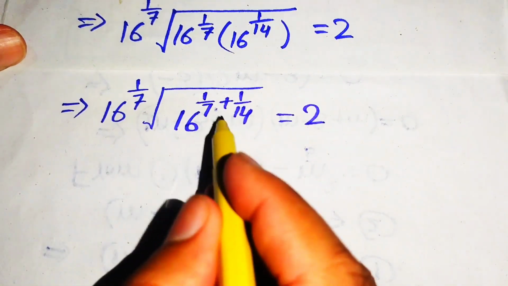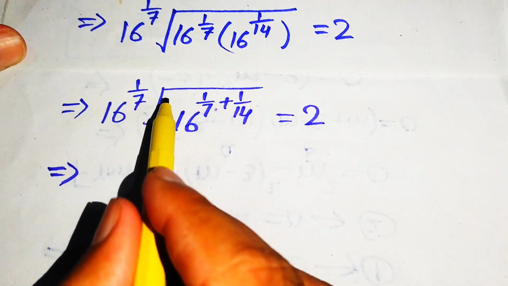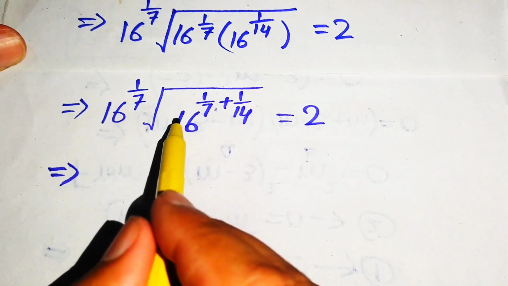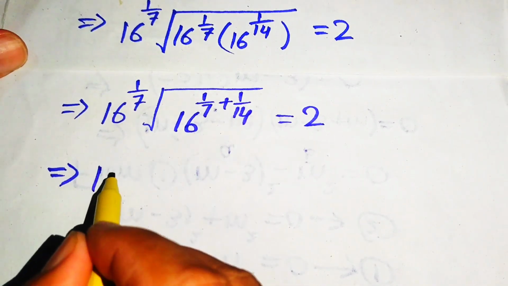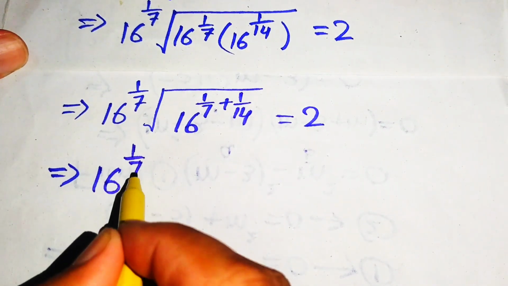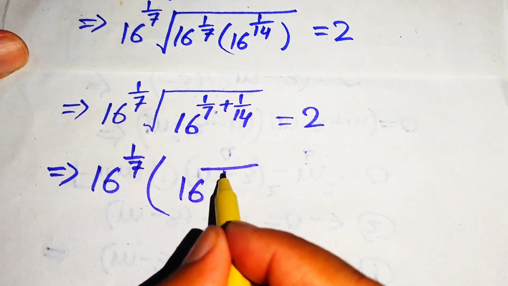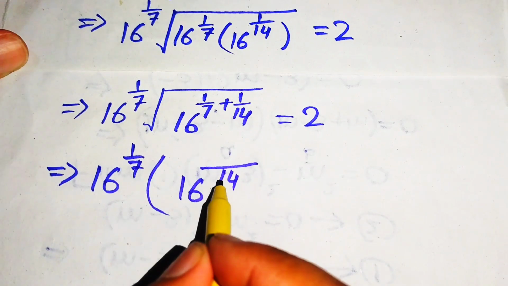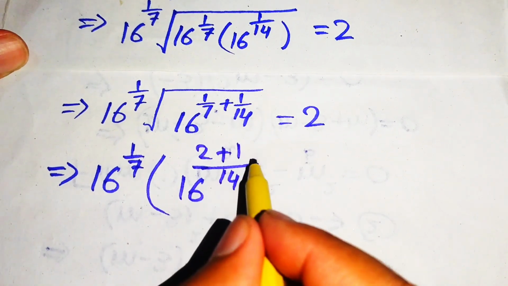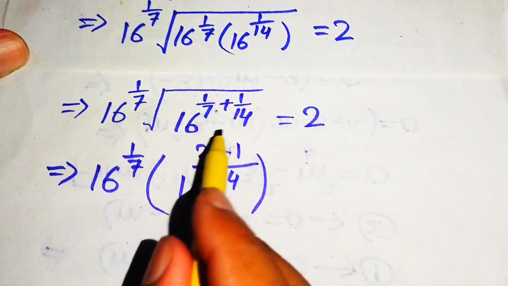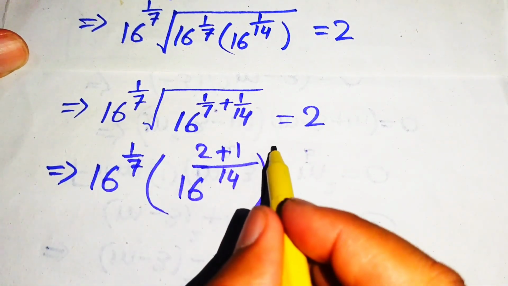And now we take the LCM of these exponents, and we again write this radical equation in exponential form. So we write it as 16 to the power of 1 over 7 into 16, and we take the LCM, which is 14. So we have 2 plus 1; you can easily take the LCM of this term, and we write this radical in exponential form.